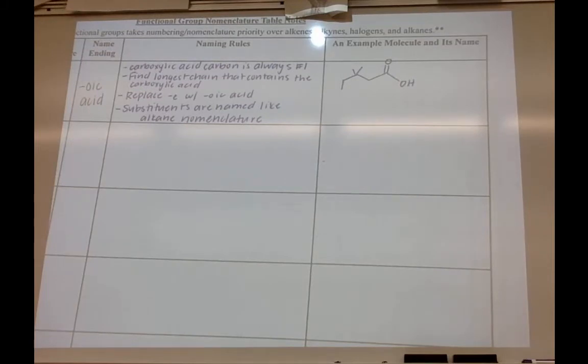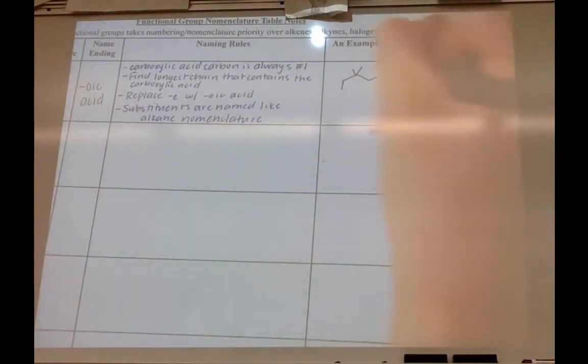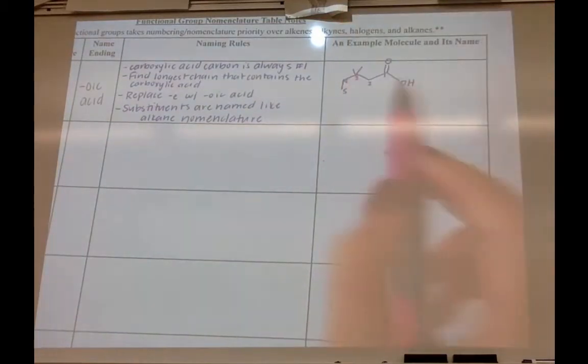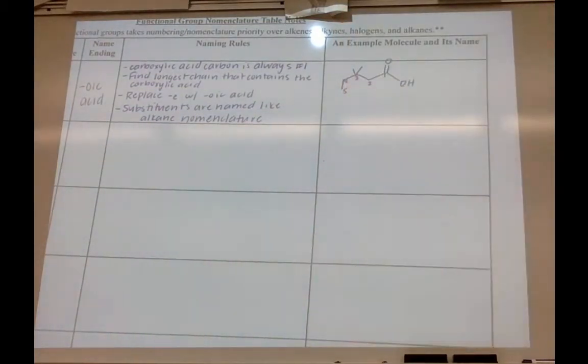So there's an example molecule with numbering. The carboxylic acid carbon is always carbon 1. And then we look for our longest chain. The longest chain would actually turn sideways: 1, 2, 3, 4, 5.